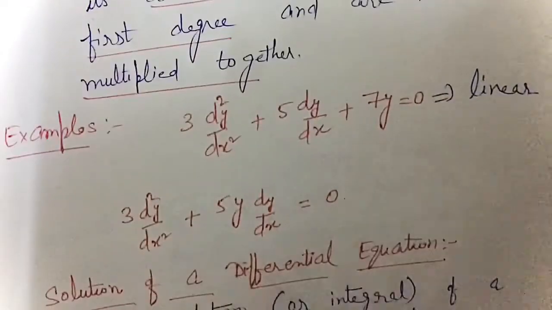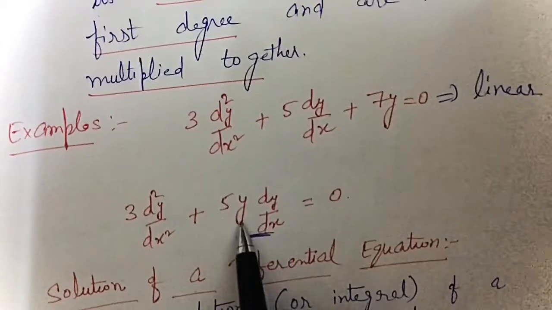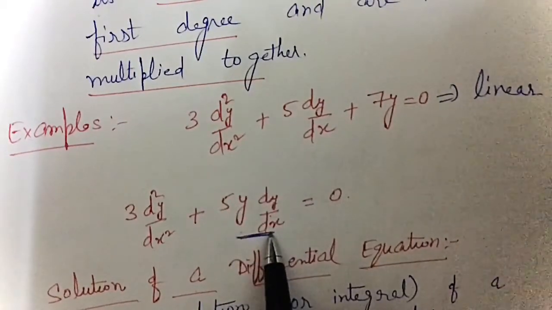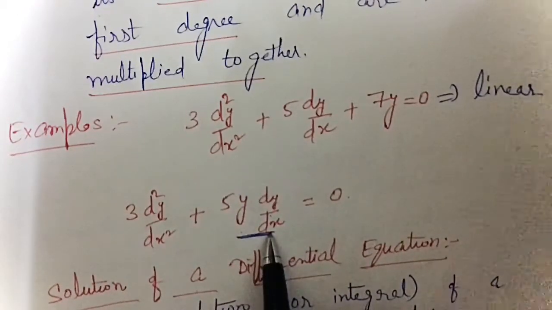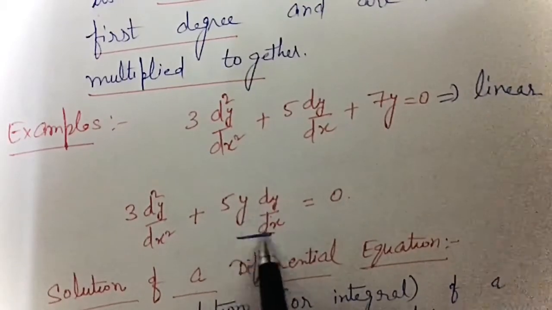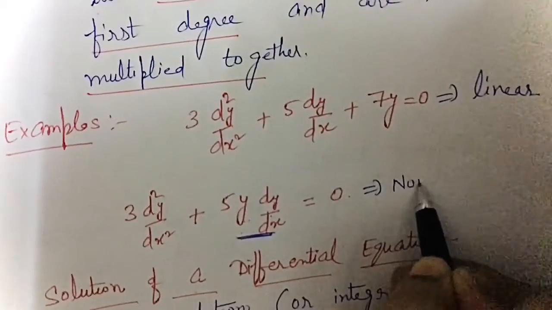But in the second example, here this y is the dependent variable and dy by dx is its derivative. In the definition of the linear differential equation, they should not be multiplied together, but here they are multiplied. Therefore it is called the non-linear differential equation.